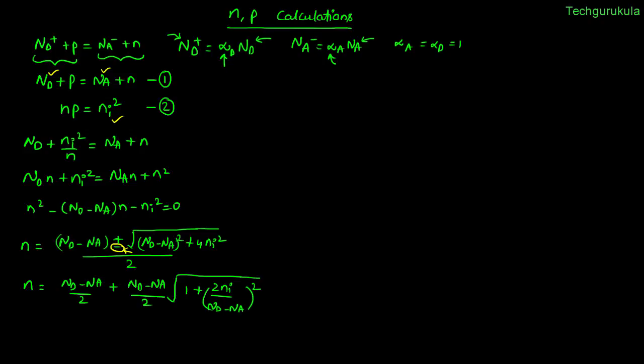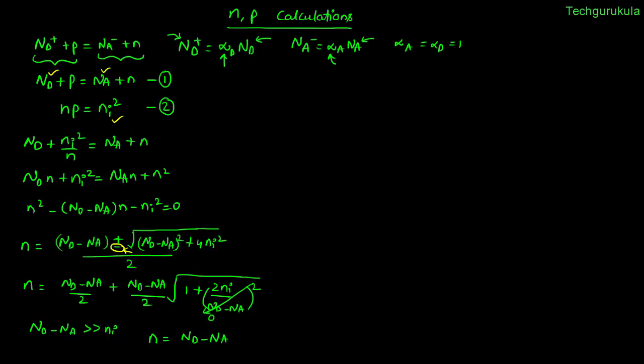So now we have this electron concentration N. Now we can make an assumption where Nd minus Na, let's say, is far greater than Ni, then we can say this second term would be close to 0, and we can neglect this. In that case, the electron concentration N would be equal to Nd minus Na.